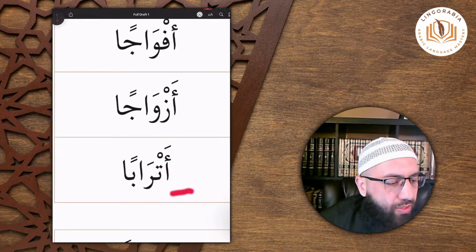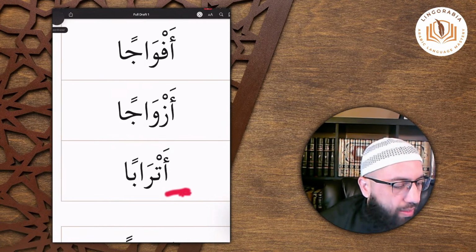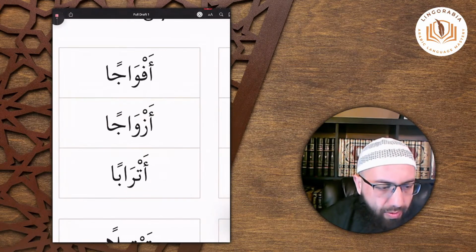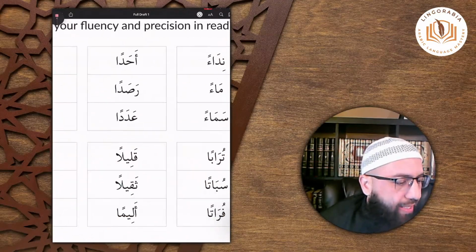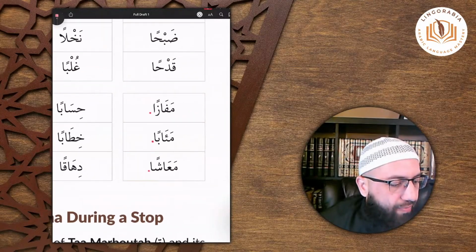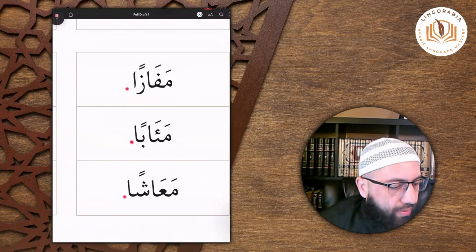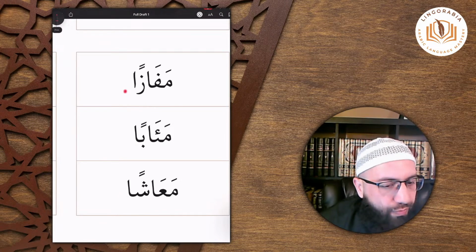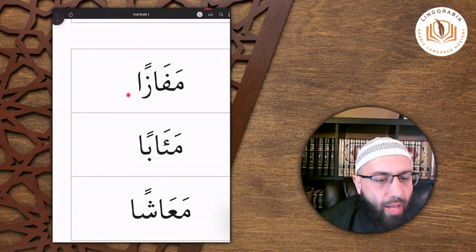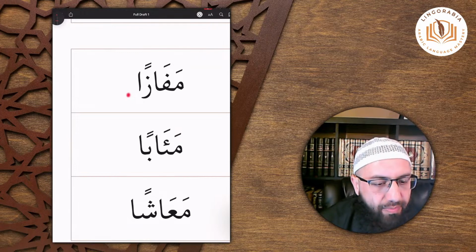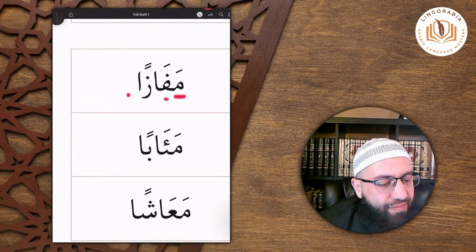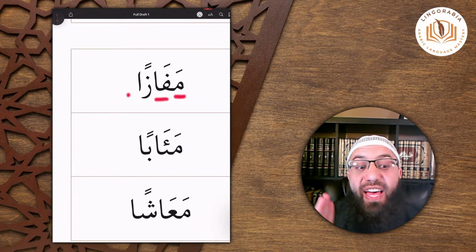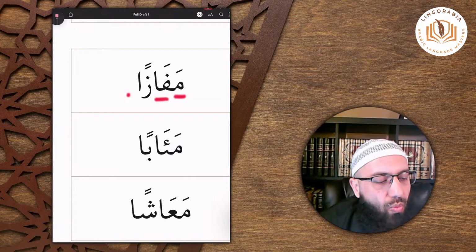Okay, let's do another one. If we would have here a full stop, how would you read this, guys? You got the mim, ma, the fa, and the fatha and the alif, mafa, and then you got the zay with the tanween.